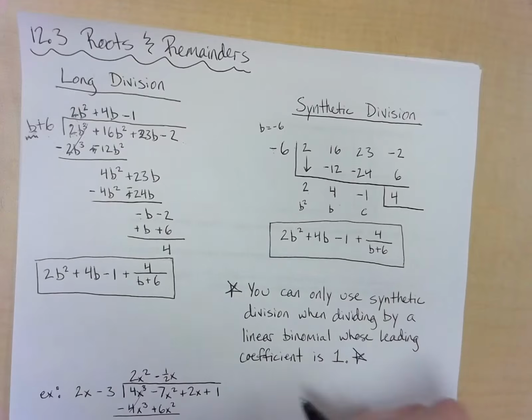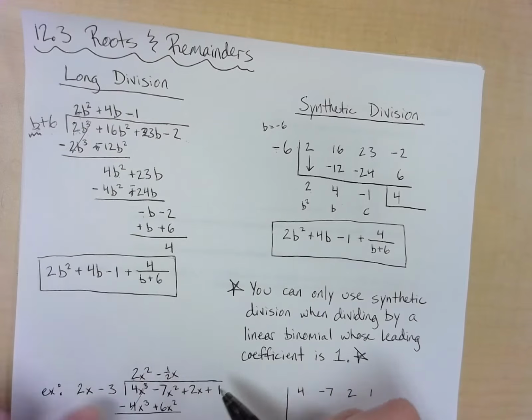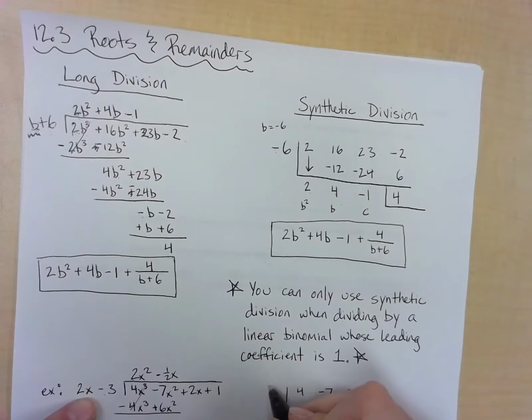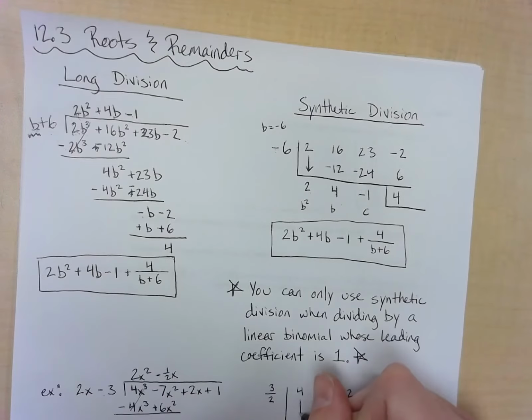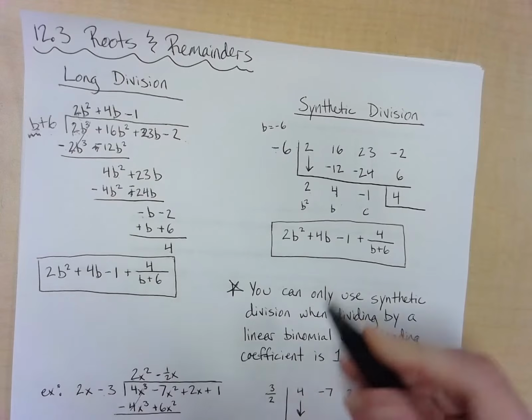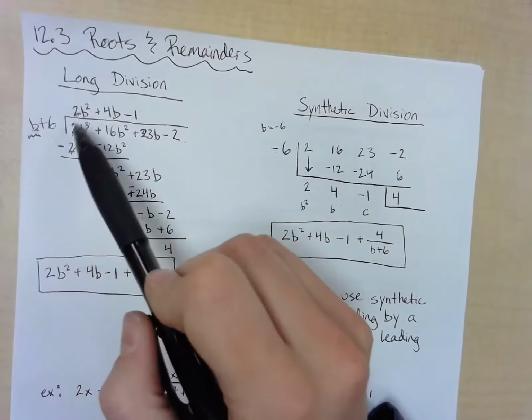Because with synthetic division, if I was to do this where it was 4, negative 7, 2, 1, my solution here is positive 3 halves. If I was to do this with the process of synthetic division, that first coefficient always drops. But it was because I just know that the degree is going down, and because it was 1, it has to match down.